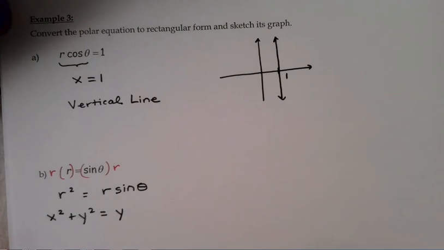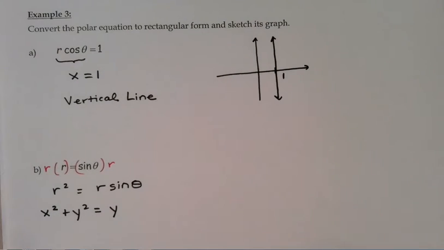So I've got the equation in rectangular form, x's and y's instead of r's and thetas. I still don't maybe quite have it in a form that's easy to graph yet. I can start to see this is going to be the equation of a circle, but I've got to deal with that y over there.